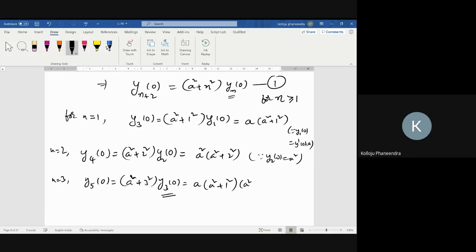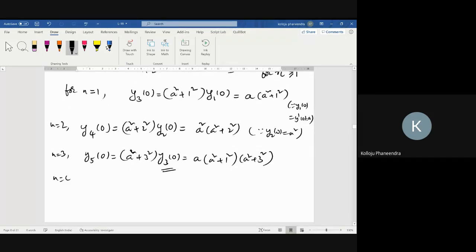Next, a square plus 3 square. Let me write only one more. N = 4, y6(0) = a square plus 4 square into y4(0). You will get y4 as this one. So a square into a square plus 2 square into a square plus 4 square, and so on.